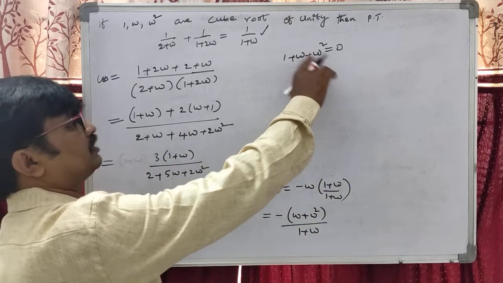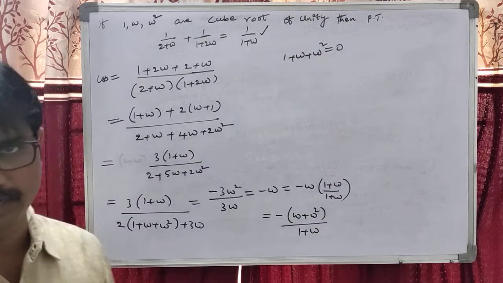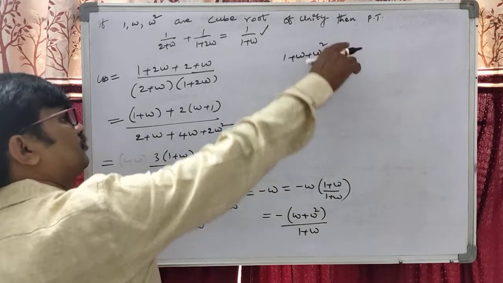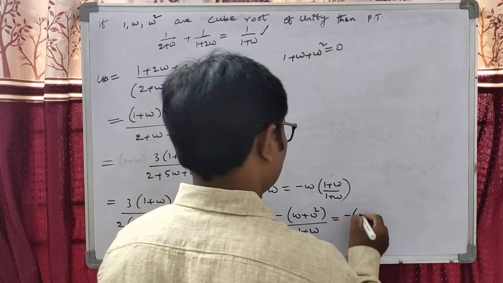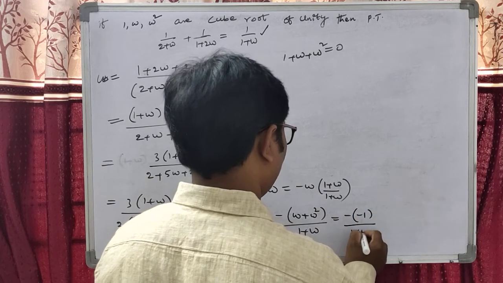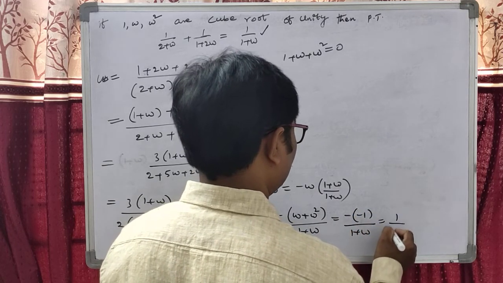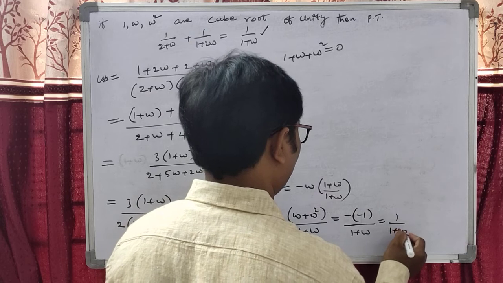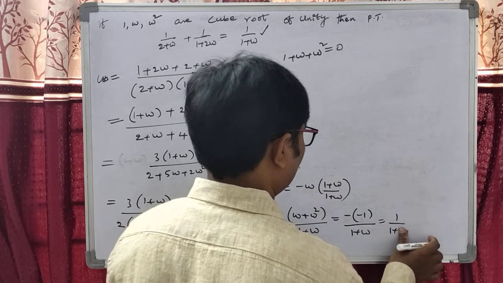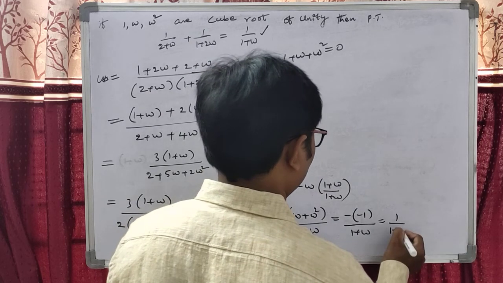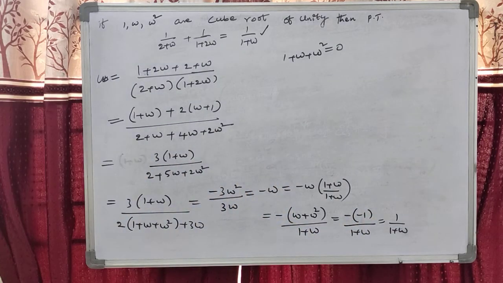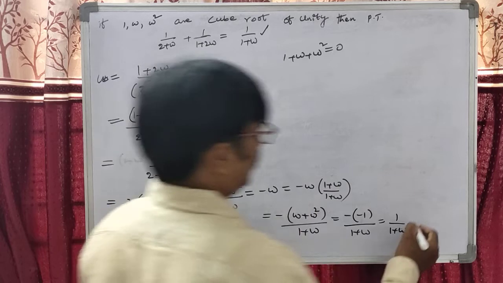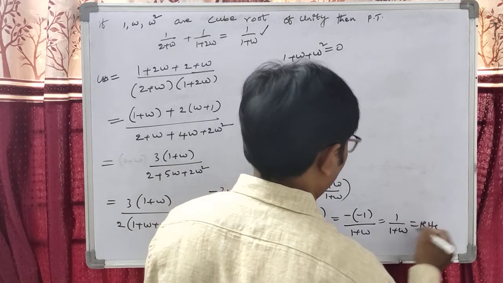Omega plus omega square is minus 1. So this is minus of minus 1 by 1 plus omega. This is 1 upon 1 plus omega, that is the RHS, right hand side.